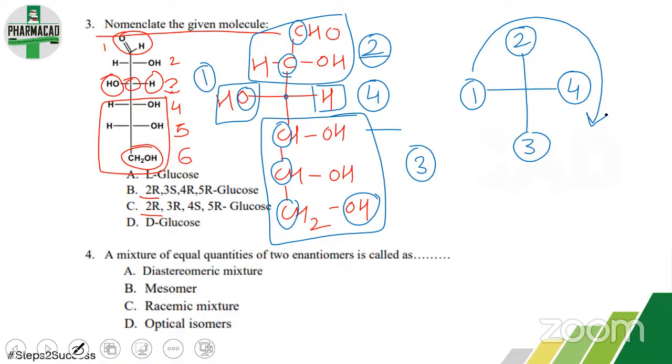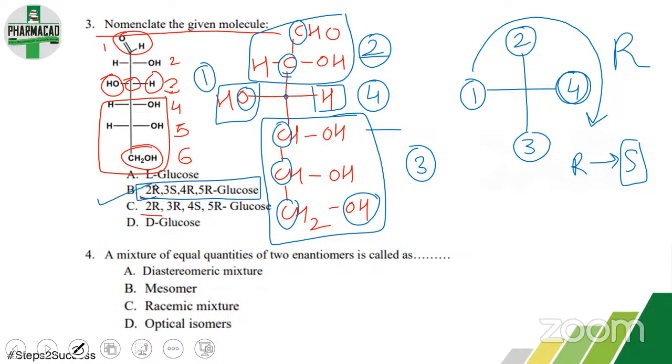If it is not on vertical line, then the configuration will change from R to S or S to R, vice versa. So in this case, our rotation is in the form of clockwise, but the fourth group is not on vertical line. That's why the configuration become S. It means what? The third carbon is having S configuration. So we can conclude our answer, that is option B.